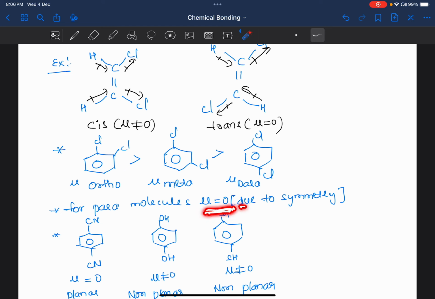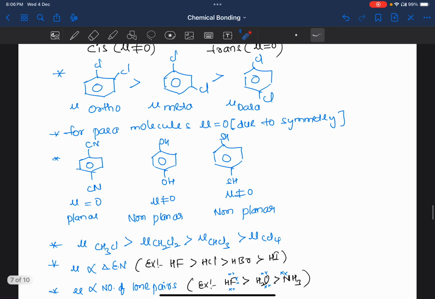Why is it 0? Due to its symmetrical structure. For ortho molecules, the dipole moment is more than meta, which is more than para.